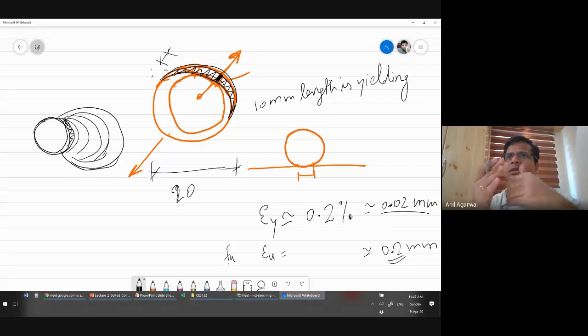But if you imagine, this is material in compression, so it is not a drastic failure either. Plus 0.2 mm is not a very large deformation from any practical consideration. That's why it is allowed to go up to FU and not limited to epsilon y or Fy.